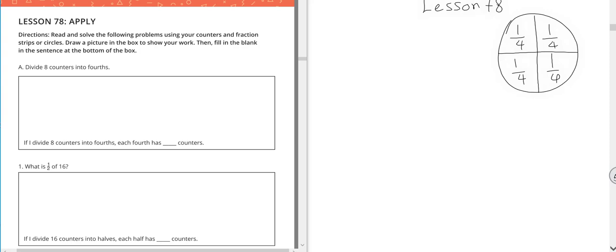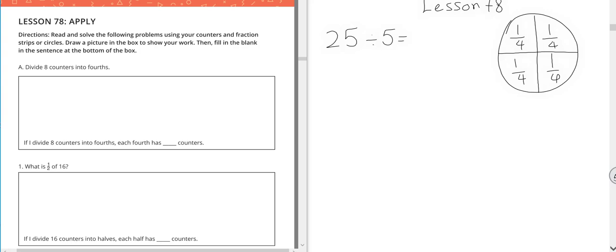Okay, in division, if we have 25 candies and want to share them fairly among 5 friends, the division equation is 25 divided by 5 equals what?